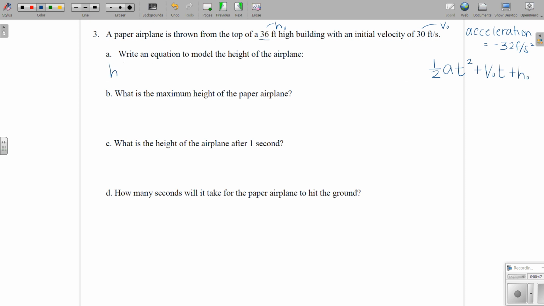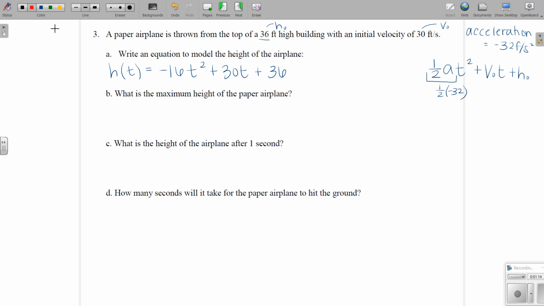So our formula h of t, we get from doing 1/2 times the acceleration, so that's 1/2 times negative 32. So we'll get negative 16 t squared plus v naught t, so that's plus 30t, plus our h naught, which is 36.